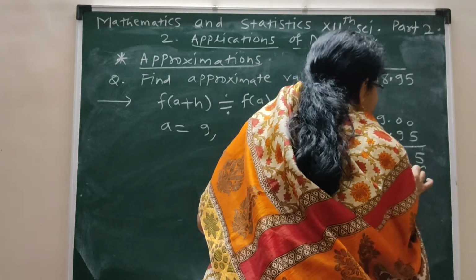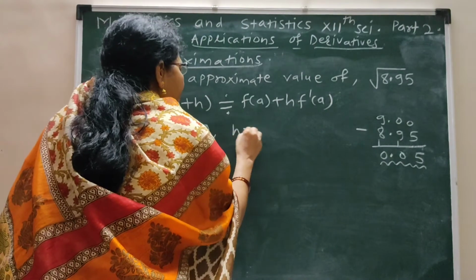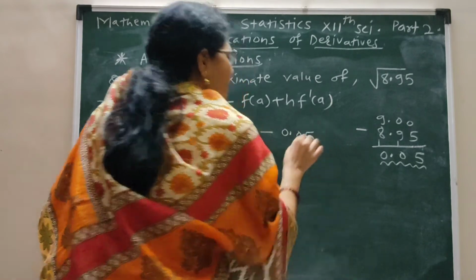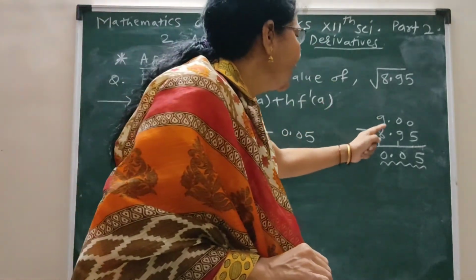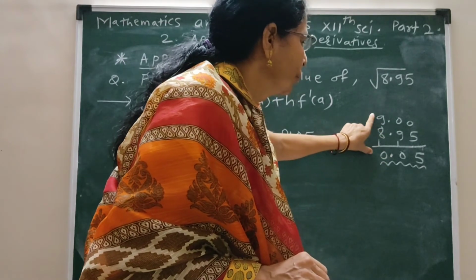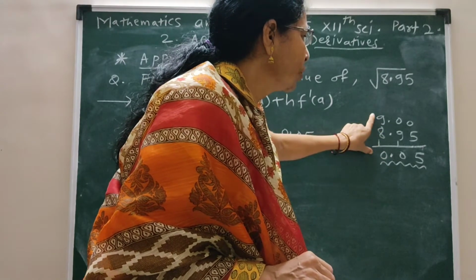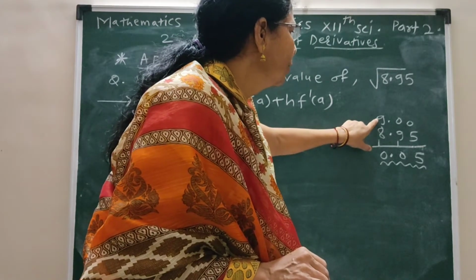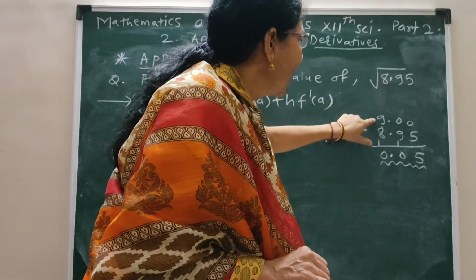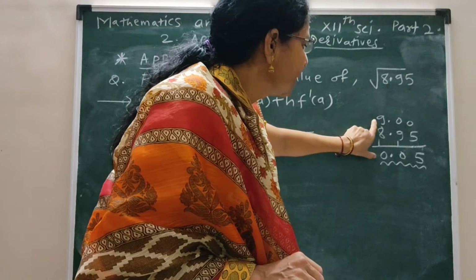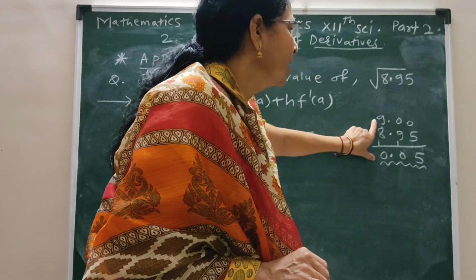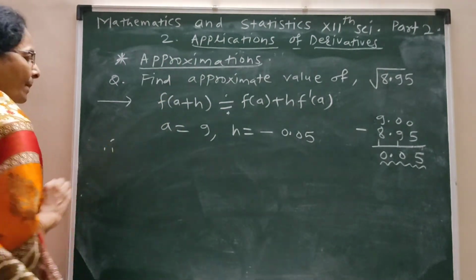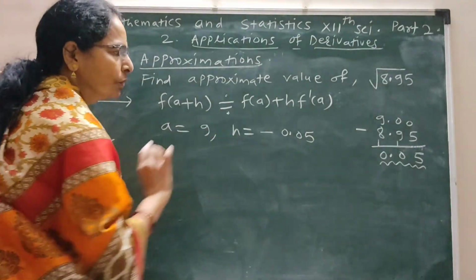So take this as h, but with a negative sign, since we get this value by taking the difference of these two. Remember this, a and h.